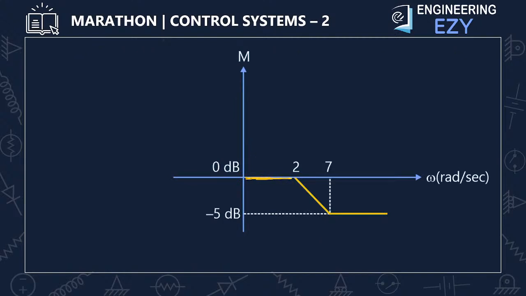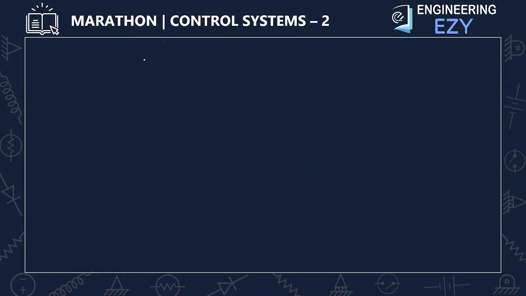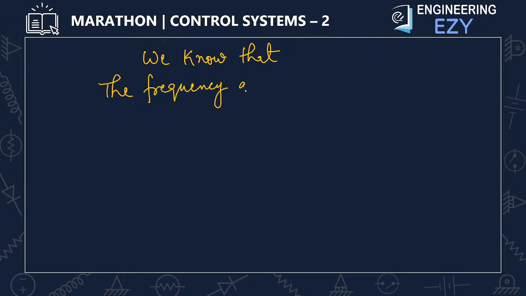The Bode plot is given, the magnitude versus frequency plot. And omega m, we know that, is the frequency at which the maximum phase lag occurs.